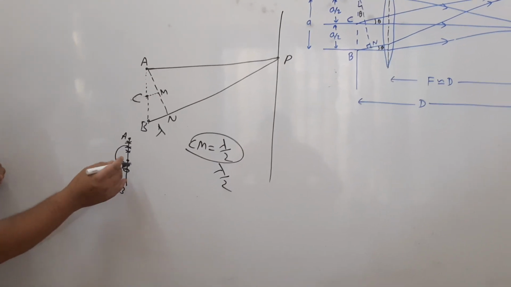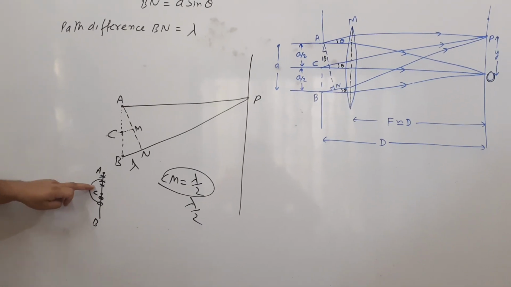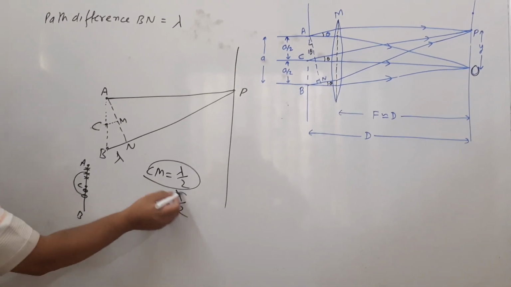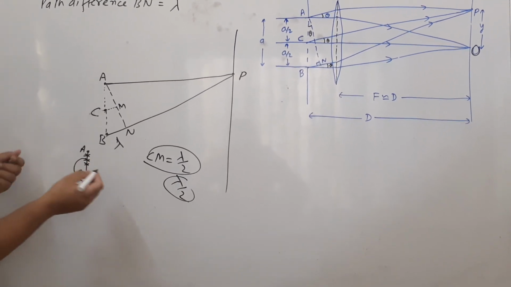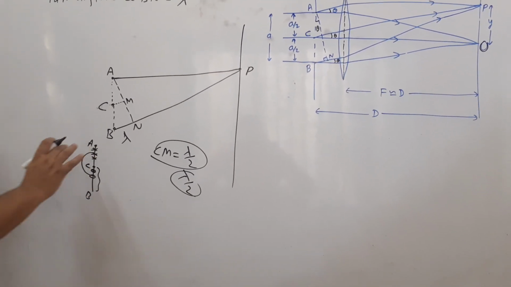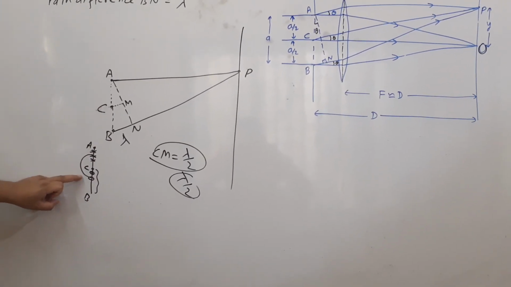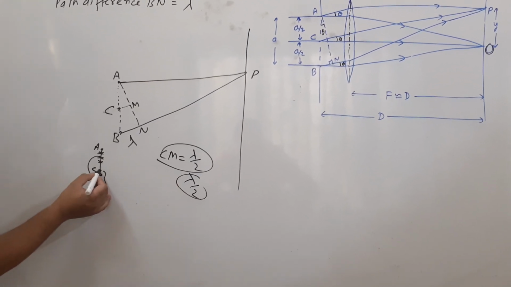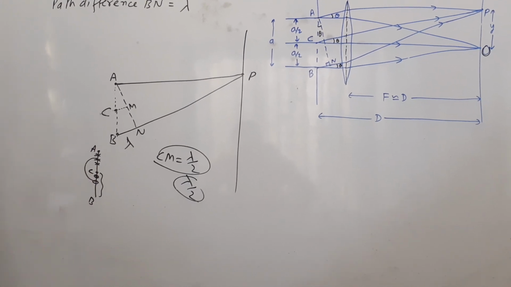So each part of AC has a path difference of lambda by 2 to the corresponding part of CB.